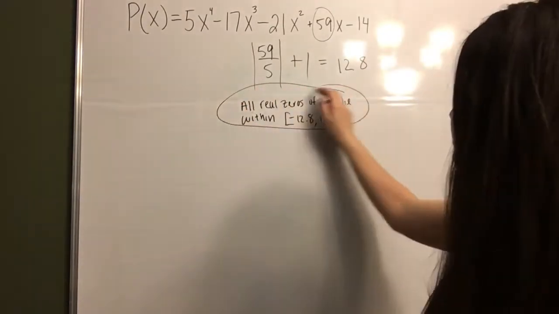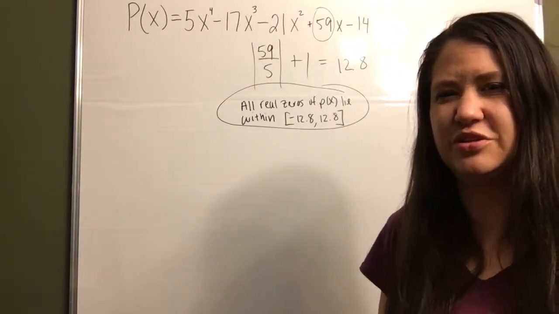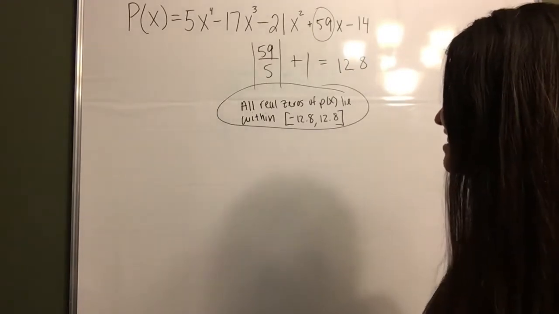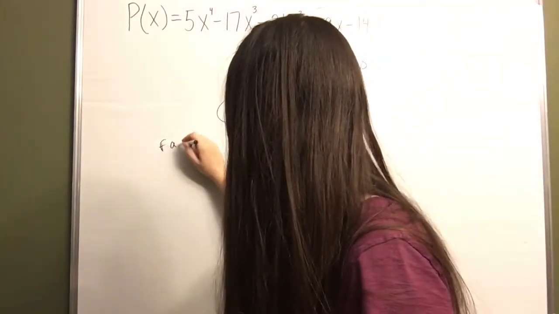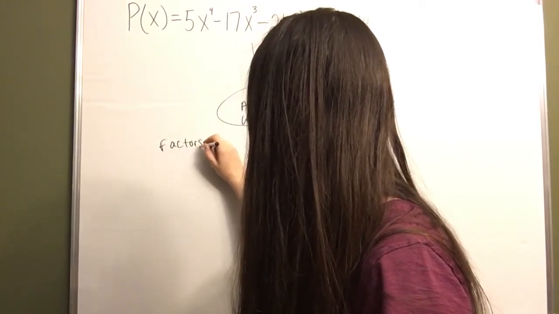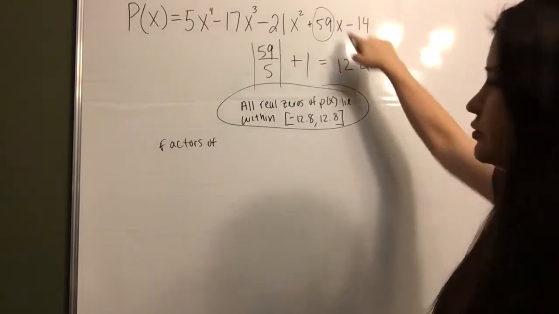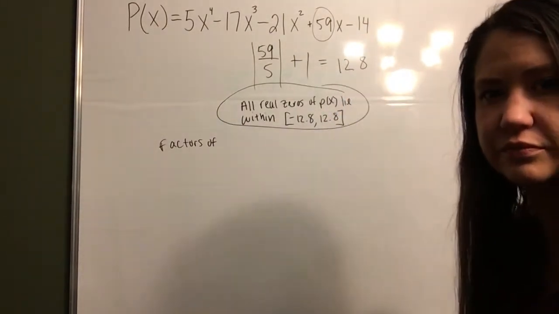Next, what we did is we used the rational zeros theorem to figure out what are the potential rational zeros of the polynomial. And to get that, we had to list factors of the constant term. Ignore the signs again, okay? So factors of 14.